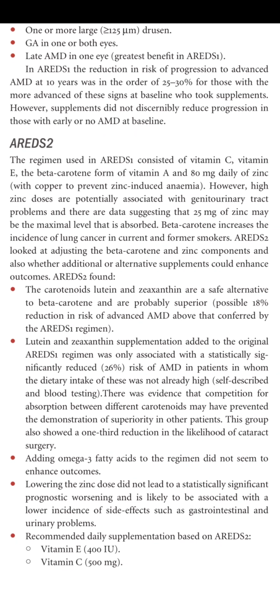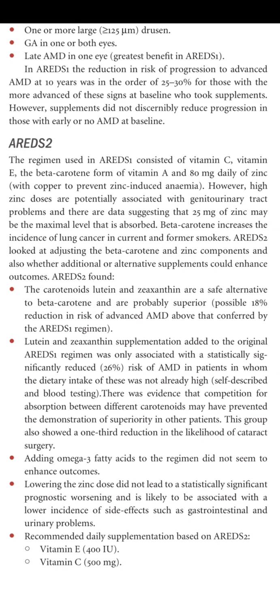The carotenoids lutein and zeaxanthin are a safe alternative to beta carotene and probably superior, with a possible 18% reduction in the risk of advanced AMD above that conferred by the AREDS 1 regimen. Lutein and zeaxanthin supplementation added to the original regimen was only associated with a statistically significant 25.6% reduction in risk of AMD in patients whose dietary intake of these was not already high, by self-description and blood testing.